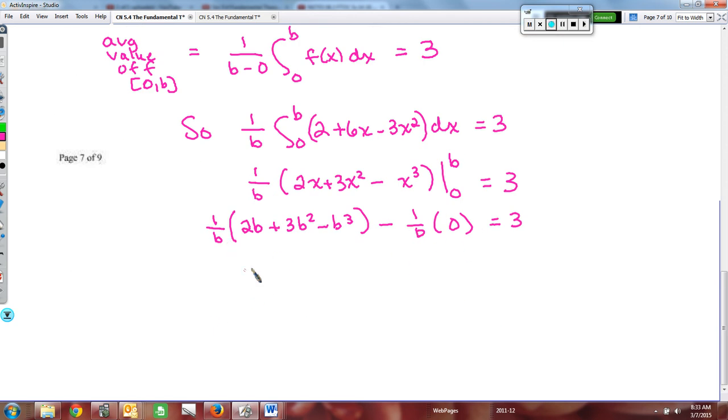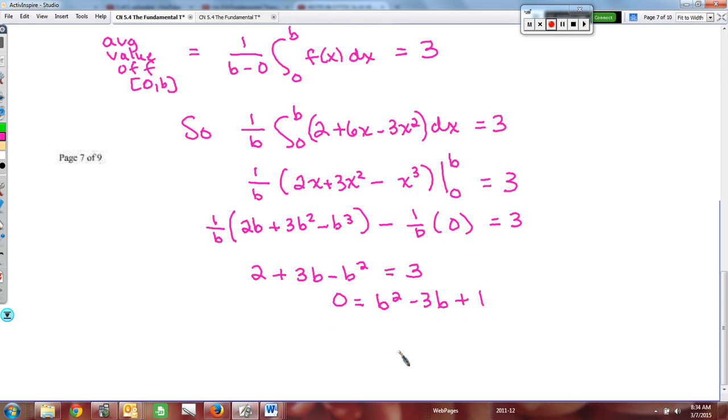This part's going to go away, and over here we're going to have 2 plus 3b minus b squared equal to 3. Why don't we just get everything on one side: b squared minus 3b plus 1 equal to 0, and then all we have to do is solve for b.